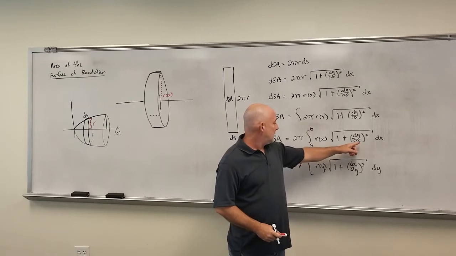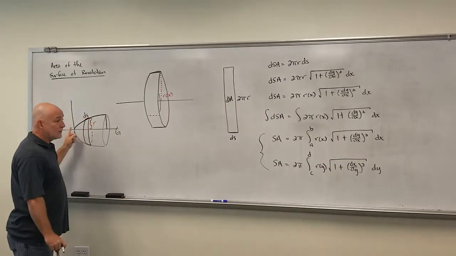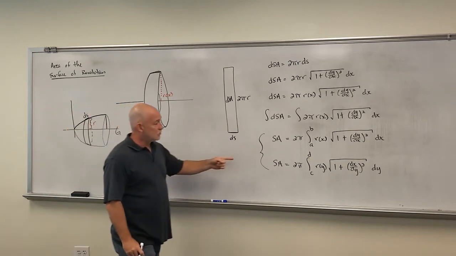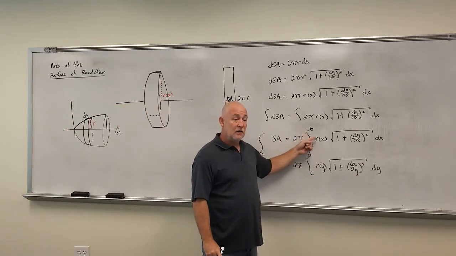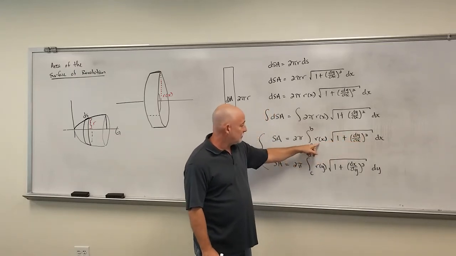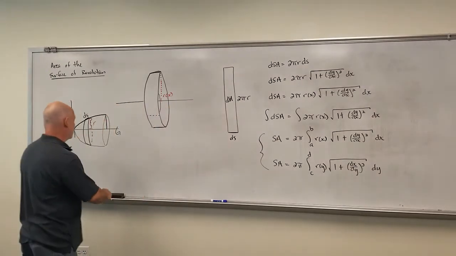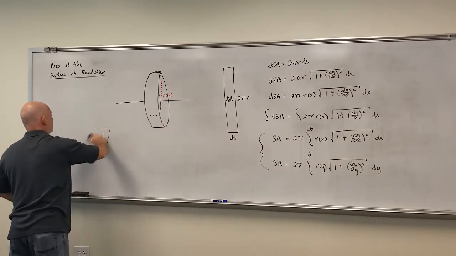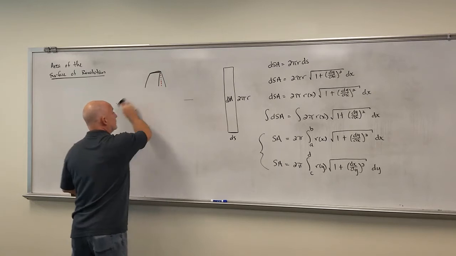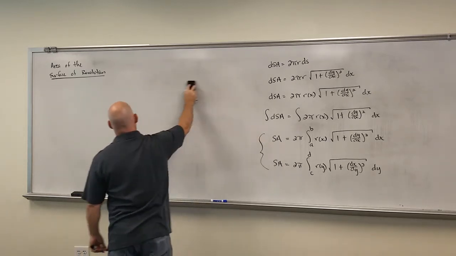Because think about it, if we're going about either the x-axis or the y-axis, then this function just ends up being the function itself, and over there you have the derivative function squared, which means it's going to be pretty closely related. All right, let's try a quick example, because these are actually easier to do than the arc length. So there's our derivation out of the way.